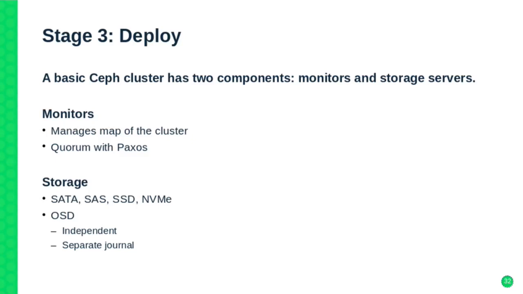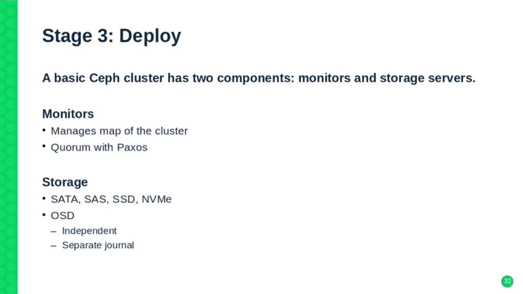Monitors, if you've got any experience with Ceph, you know that they manage the map of the cluster and they have a quorum with Paxos. You need a majority for your Ceph cluster to keep working. Storage, you can use all sorts of storage. This is one of the good and bad things in Ceph because yes, you have the freedom to choose a lot.